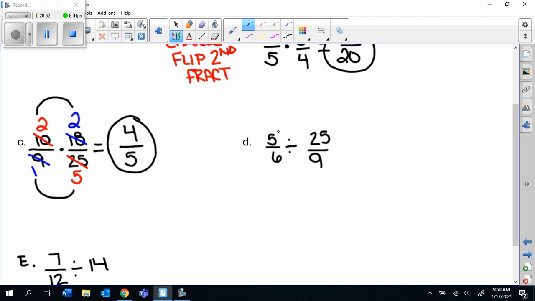Here, again, we have a divide. So caution, because sometimes that sneaks up on you, and then you don't remember to write the reciprocal. So we're going to change it to multiply. And the 9 is now going to be on top.